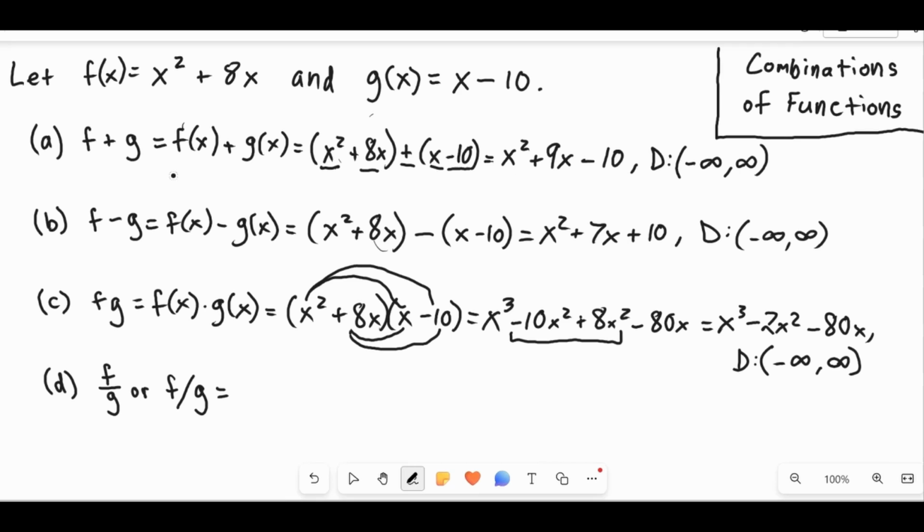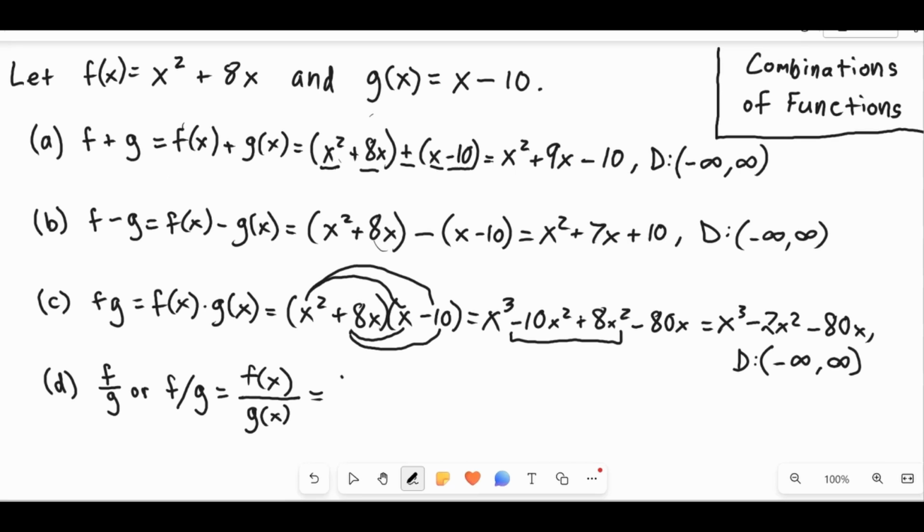All right, so now let's go to f over g, or f slash g, which sometimes can be represented by f over g of x. It could be written just like that, okay? And so this very simply is the same thing as f of x over g of x.